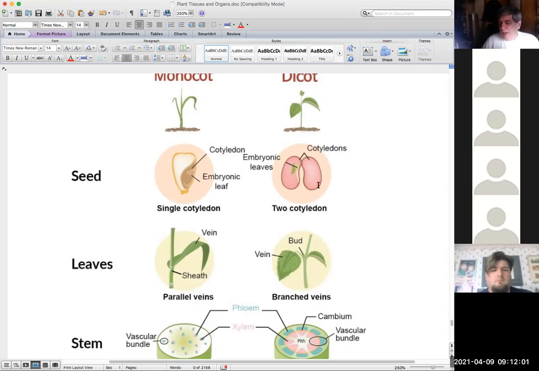A good example of a dicot where it's easy to see it's a dicot is a peanut. If you open a peanut shell and you separate those two halves of a peanut, those are the two cotyledons. So when dicots germinate and start growing, they make two seed leaves. So because of that, they're very easy to distinguish.